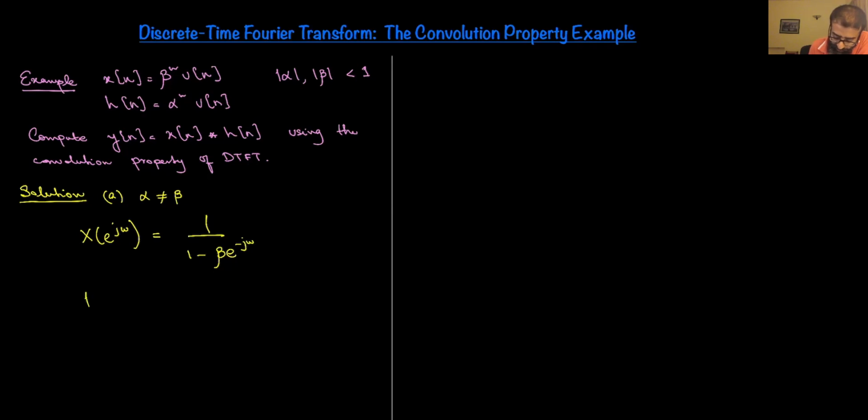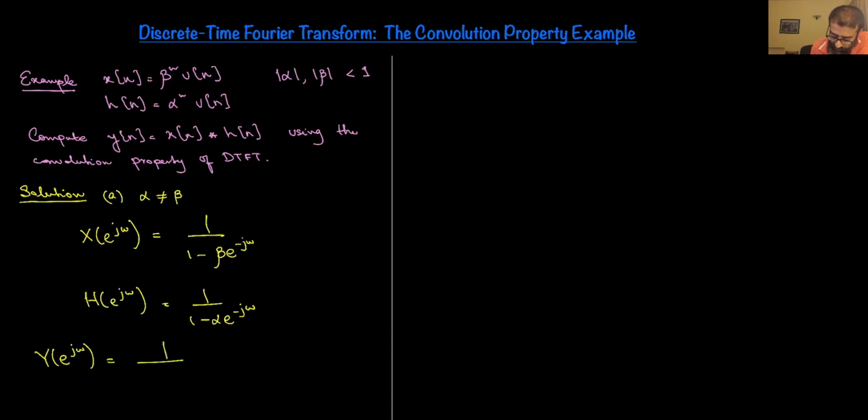Similarly, H of e raised to power j omega, the Fourier transform of h, is just simply 1 upon 1 minus alpha e raised to power minus j omega. And Y of e raised to power j omega is just simply the product of the two.